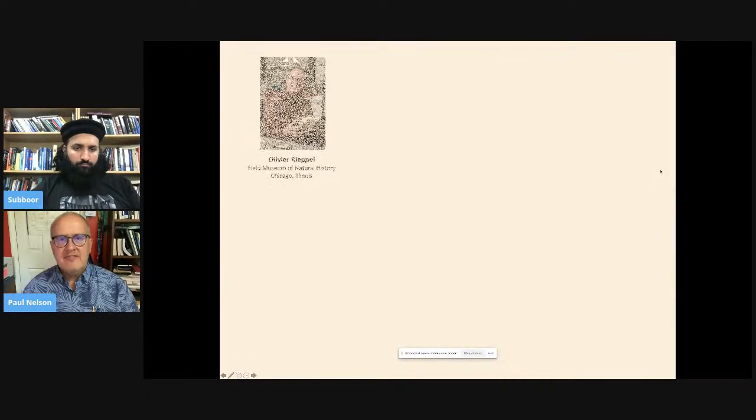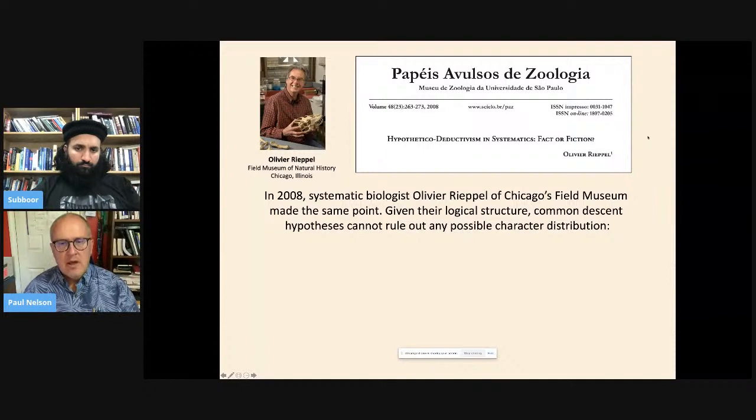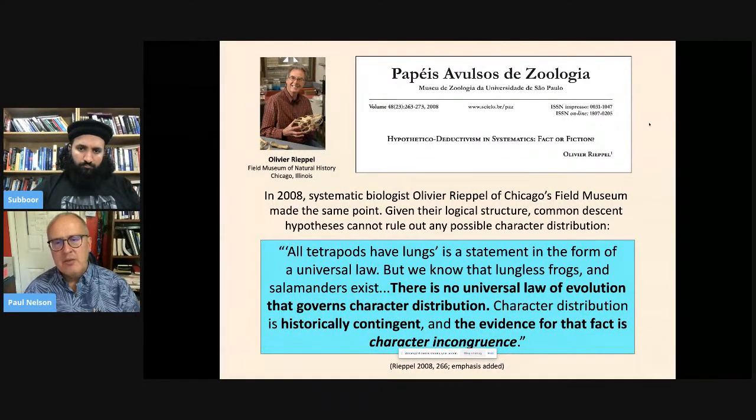And that same point was made the next year by Oliver Rieppel at the Field Museum here in Chicago. And it's something that he has stressed actually throughout his writings on this question. Common descent hypotheses cannot rule out any possible character distribution.